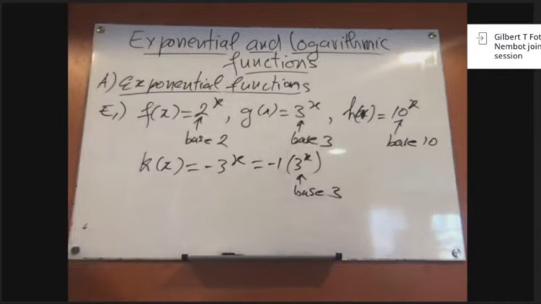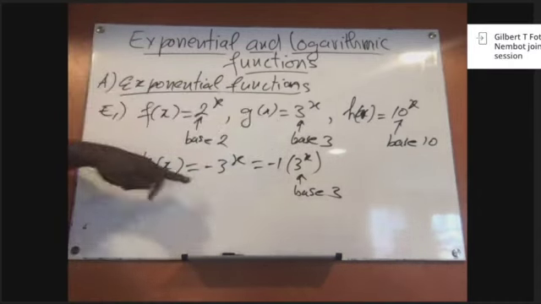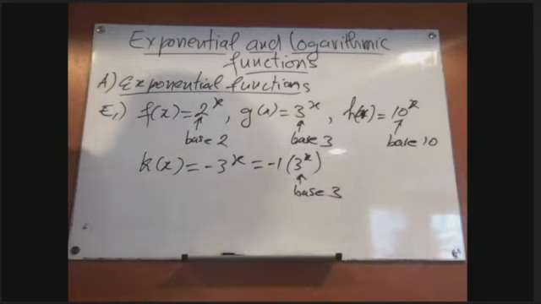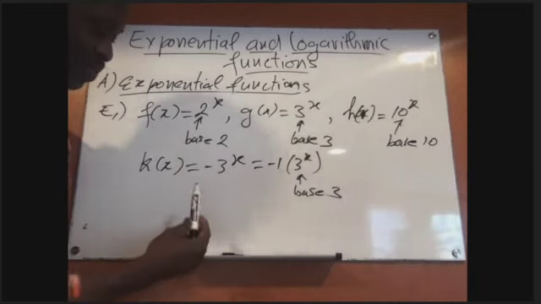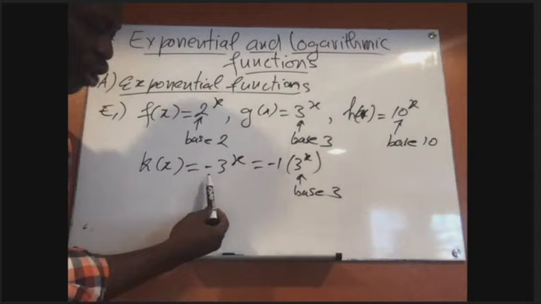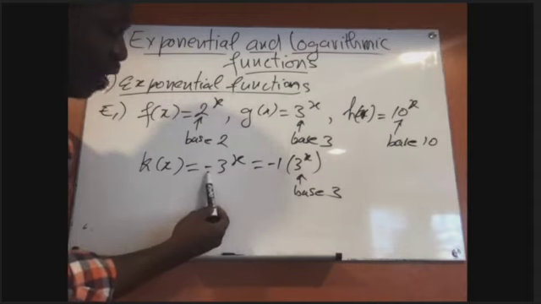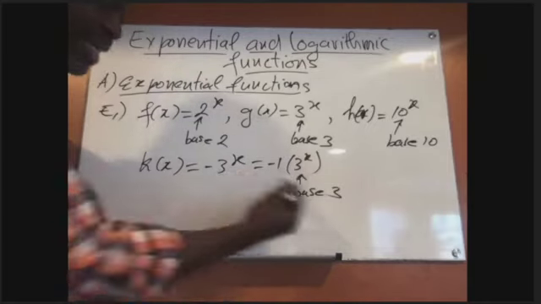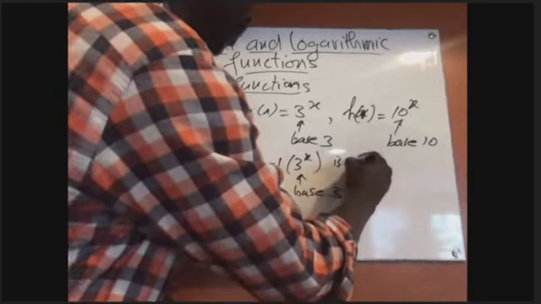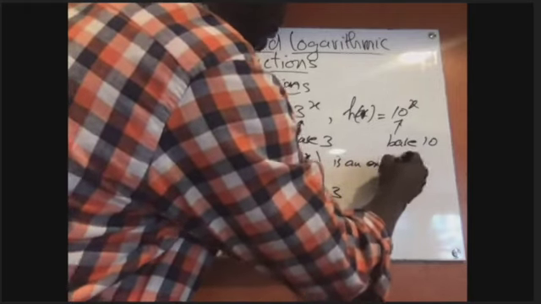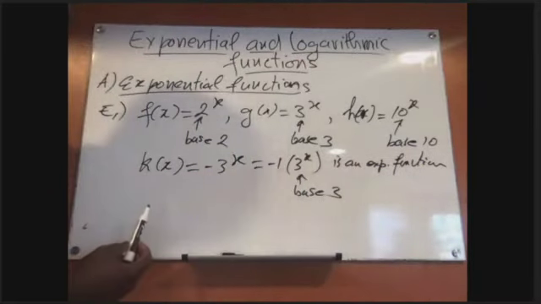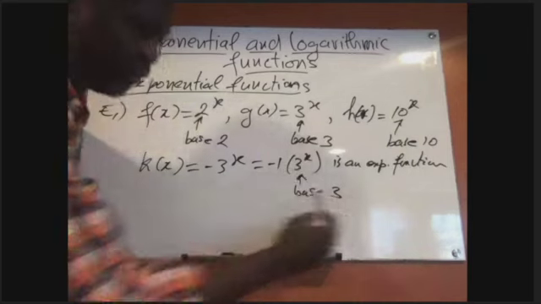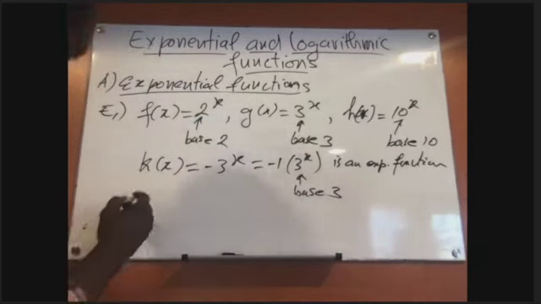Later you're going to see that g and h are simple reflections of each other with respect to the x-axis. So when you see an exponential written like that, don't think it's not an exponential function because you see a negative. The negative is not part of the base. The base is still positive 3, not negative 3.